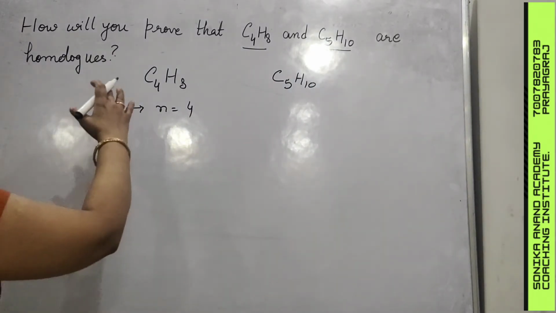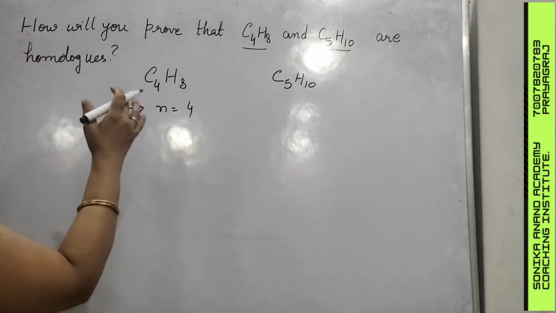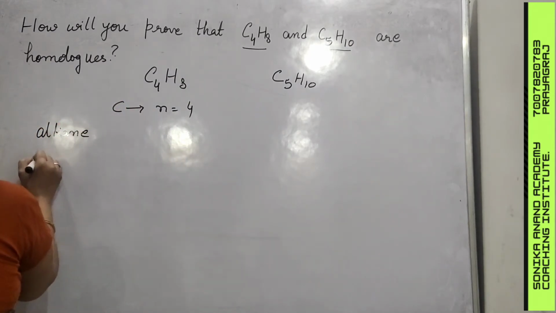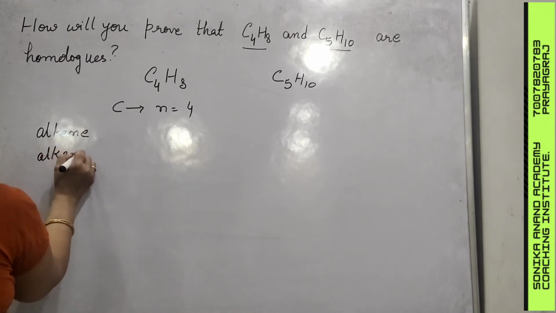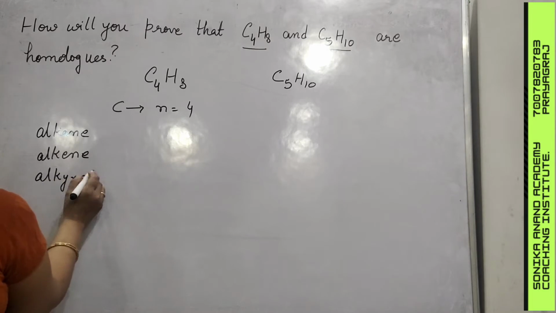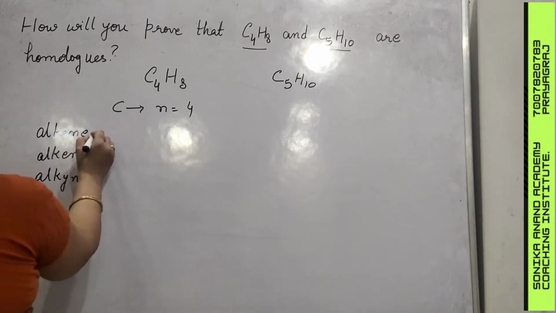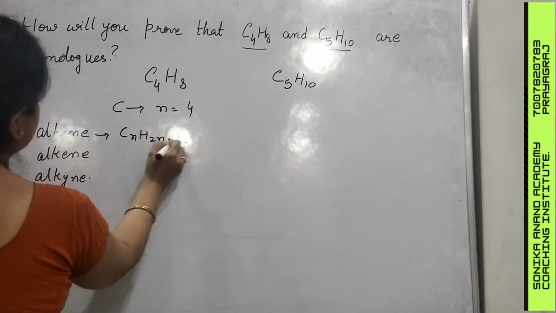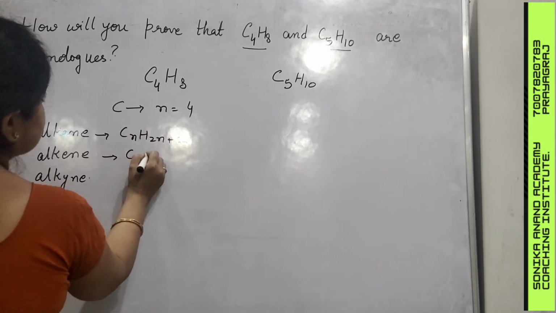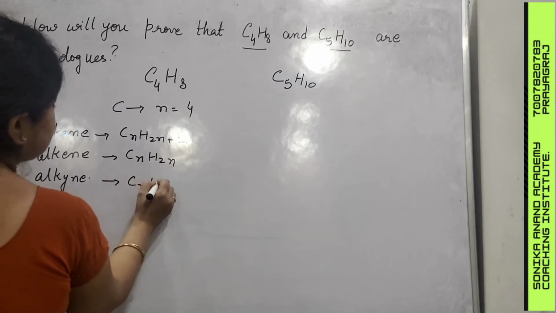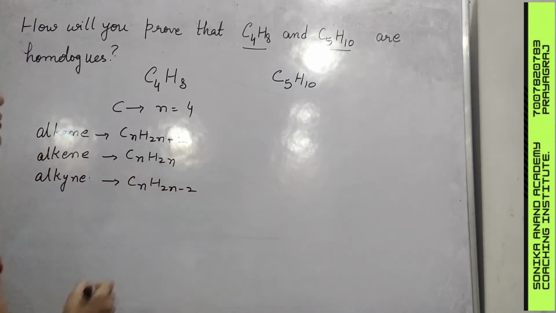Now we can check whether they belong to alkane, alkene or alkyne. As we know, alkane has the formula CnH2n plus 2, alkene has the formula CnH2n, and alkyne has the formula CnH2n minus 2.